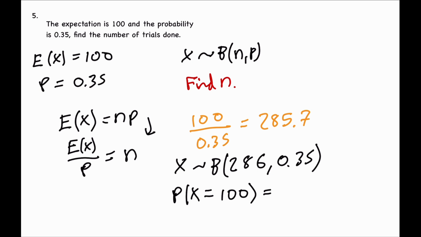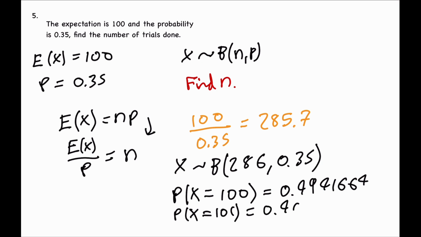So we're going to get probability of 100 using this distribution. We're going to get 0.4941664. And if we test probability of x is equal to 101, we're going to get 0.490026, which is less than 100.